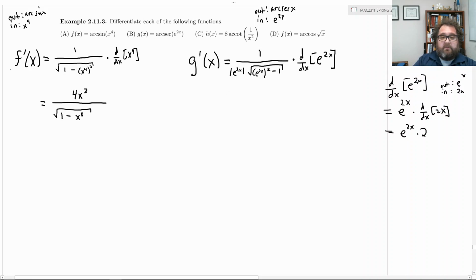So if we now just substitute, we're multiplying by that derivative. We can just go ahead and put it on the top of that fraction. So 2e to the 2x over the absolute value of e to the 2x over, be careful here, e to the 2x raised to the second power.